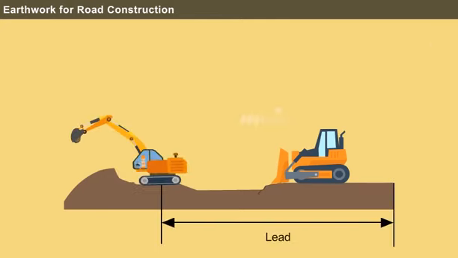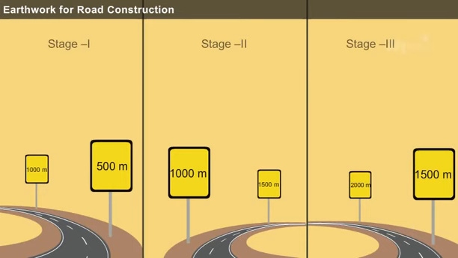For a distance of 500 meters to 5 kilometers, the unit of lead is taken as 500 meters and the item of work is measured separately in different stages as follows. Stage 1. 500 meters to a distance not exceeding 1000 meters. Stage 2. 1000 meters to 1500 meters.